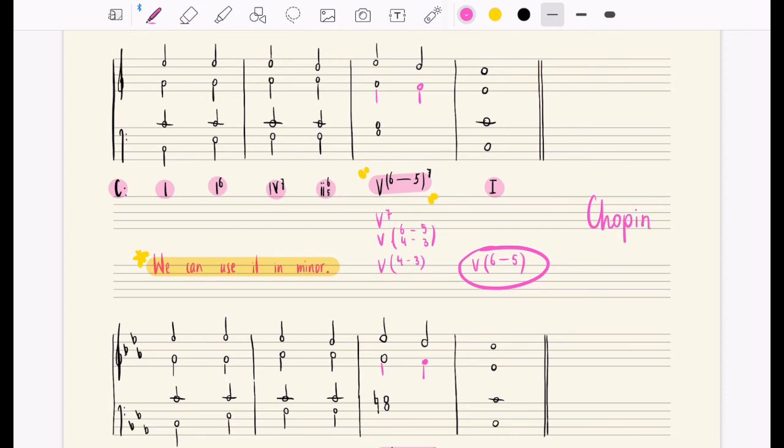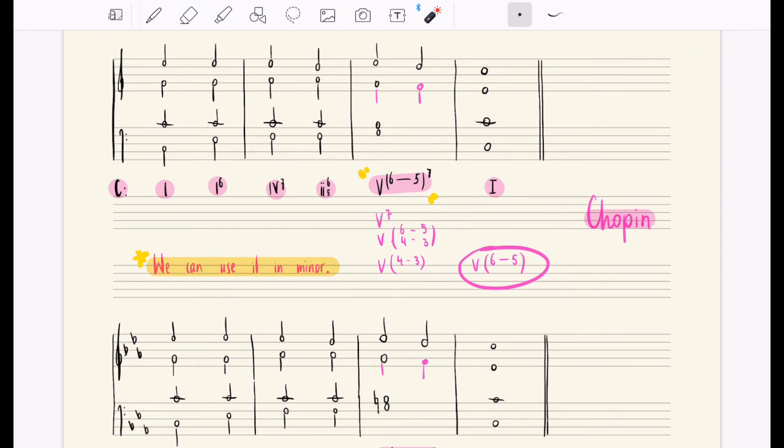And I know that some of you like this composer a lot. So he used this very often, so often that theorists call this sonority a Chopin chord.